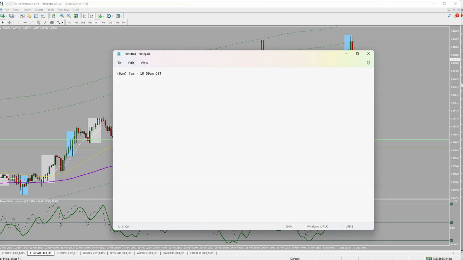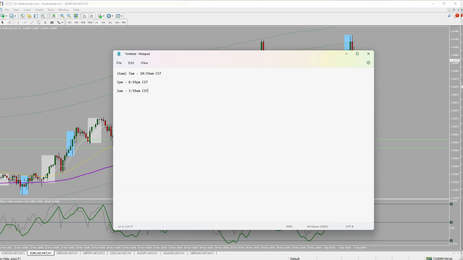For the Asian session, I don't really trade it anymore, but if I do, it'll be 5 p.m. through 8:59 p.m. CST is when I'm willing to take an entry. For the London session, 2 a.m. through 3:59 a.m. CST. That's it. Those are my hours that I'm willing to take an entry.